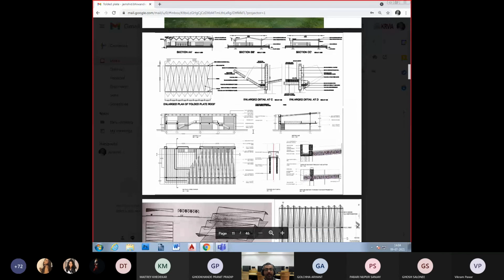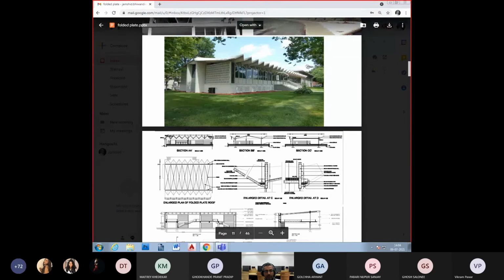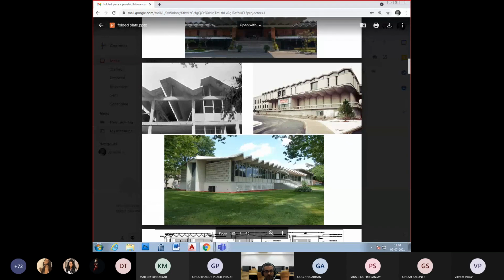Another set of drawings whereby you now see folds that are not constant all throughout. Just like you see here, the folds are constant along the entire length.